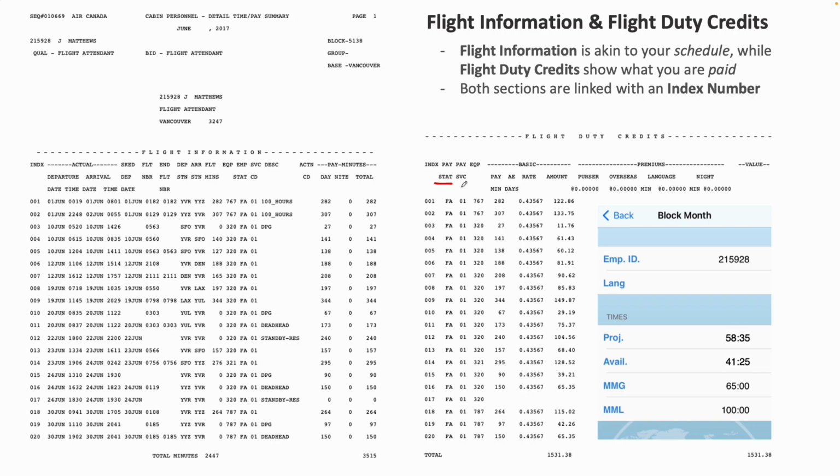That's a little bit beyond the scope of this particular video. So we'll just say, because it is true, that for the most part, emp stat and pay stat will match. So in this case, FA, that matches my status as an employee at the time, which was flight attendant.